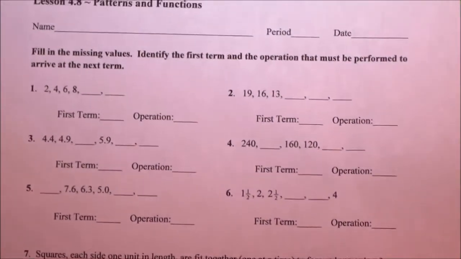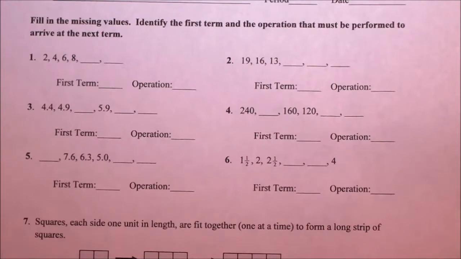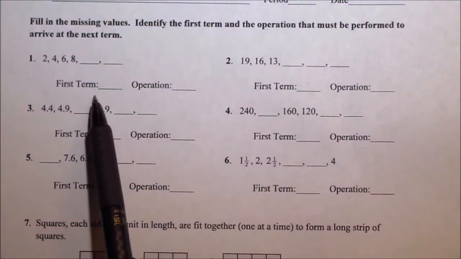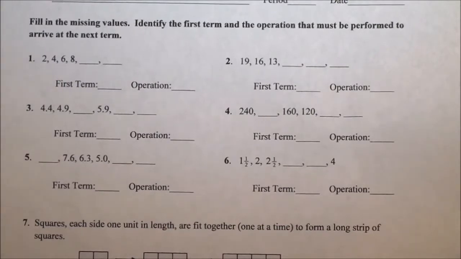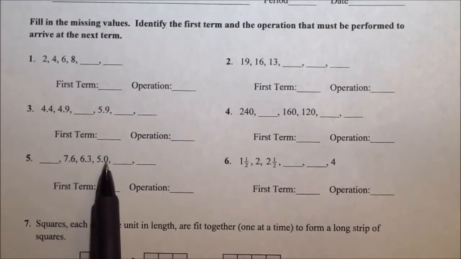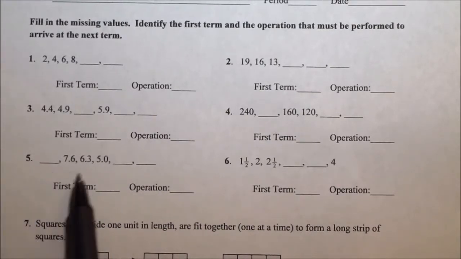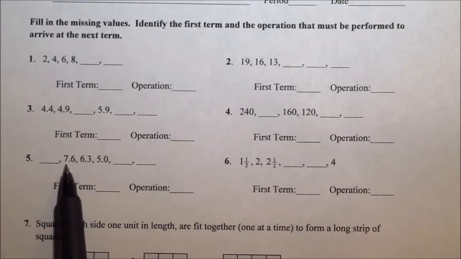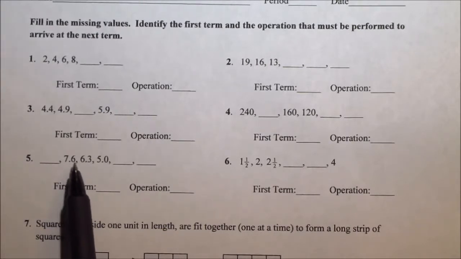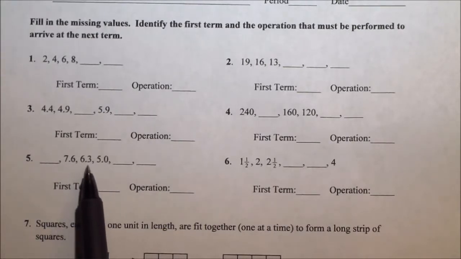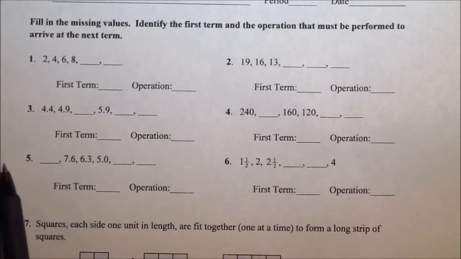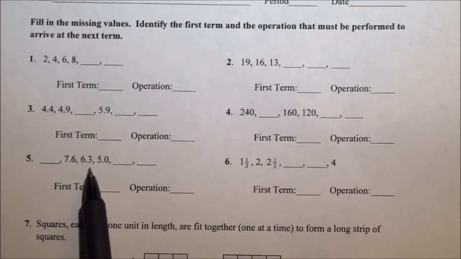Worksheet for lesson 4.8. The first part has you filling in the missing values. So you need to write down what's the first term and what's the operation, and then fill in the missing values. These ones where you have decimals, you're going to have to do some scratching out to the side to figure out how much it increased from 7.6 to 6.3. Well, what's 7.6 minus 6.3?